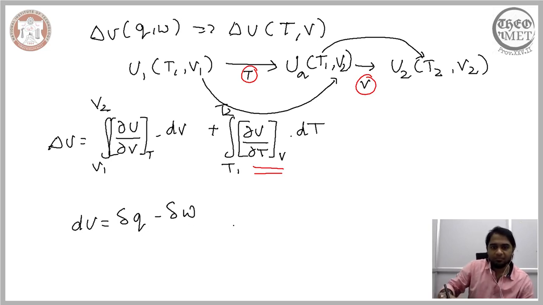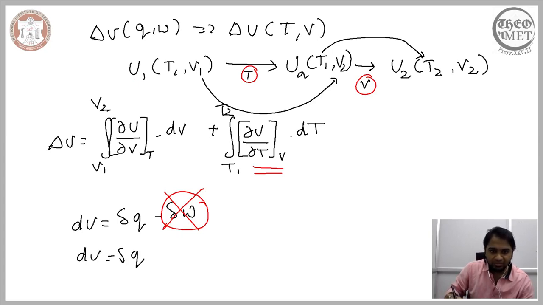And when you have a constant volume, like the second term here, it means there is no work done on or by the system. So essentially you are left with the change in the internal energy being equal to the amount of heat transfer occurring in that transition.